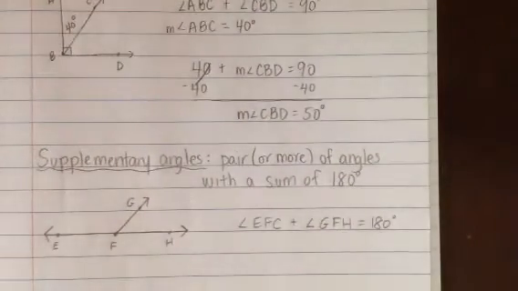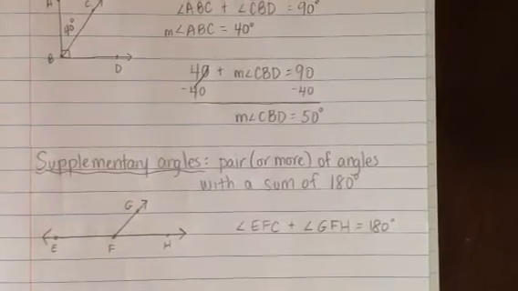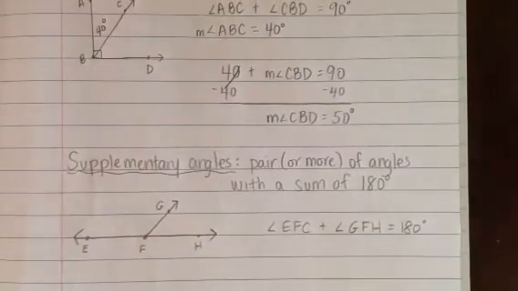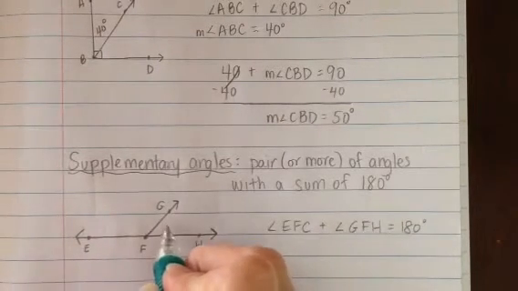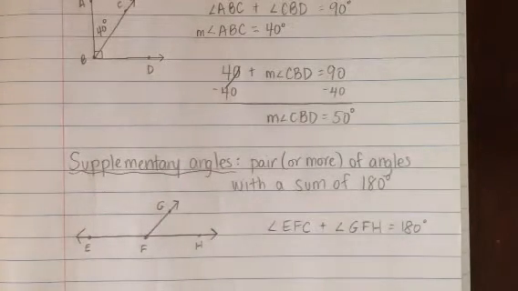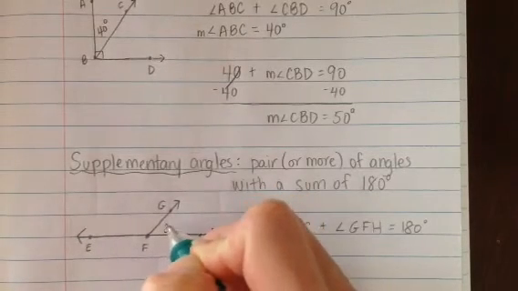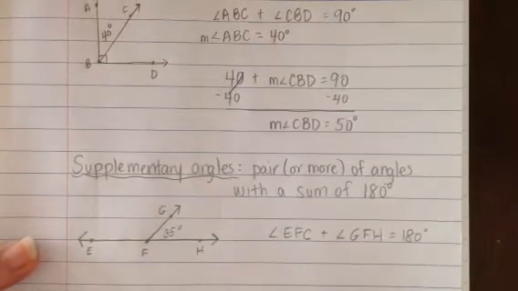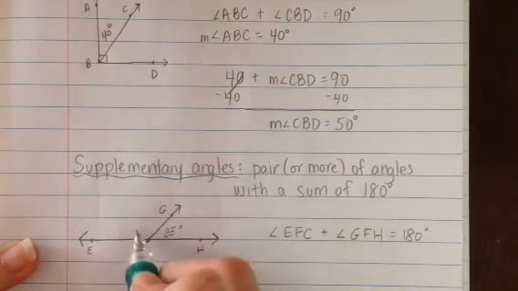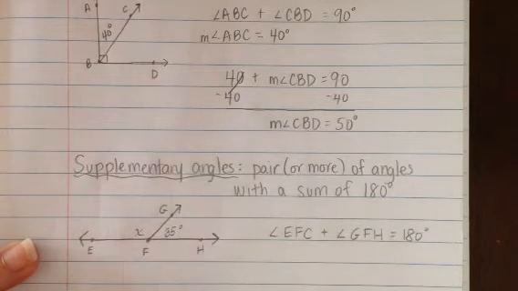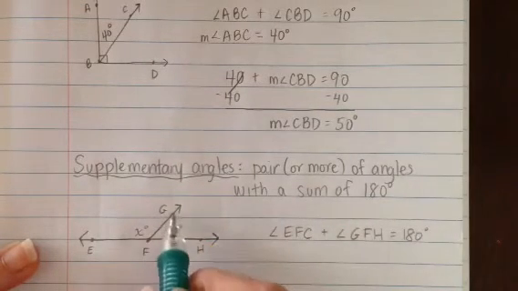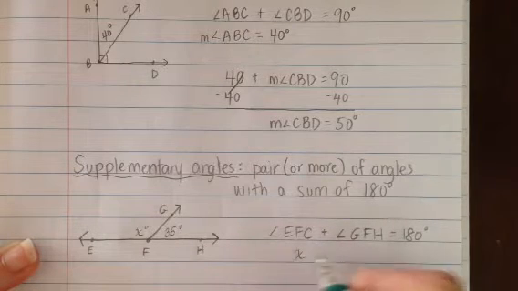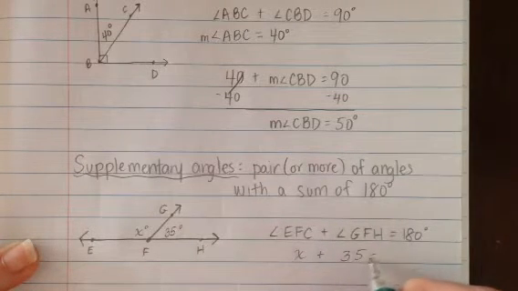Okay, so now I'm going to do a little example, show you a little bit more what this is going to look like. So if the measure of angle GFH, let's say this angle right here, is 35 degrees, then to figure out what the measure of this angle is, I think on a lot of your worksheets it's going to say X or X degrees. So this is going to be X plus 35 equals 180.